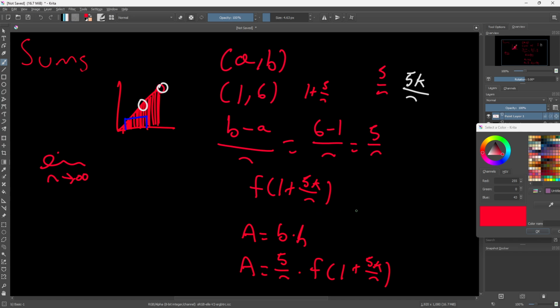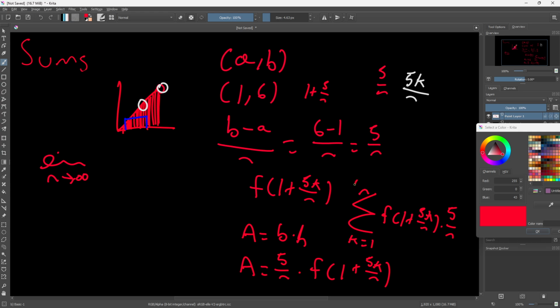So what you have to do is take the sum of the height. I know it's a poorly written sigma, but you're saying k equals 1 to n, because n is the number of rectangles, of f of 1 plus 5k over n times the width, and then that'll give you the area.